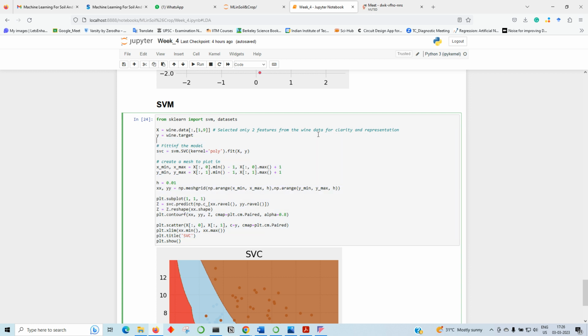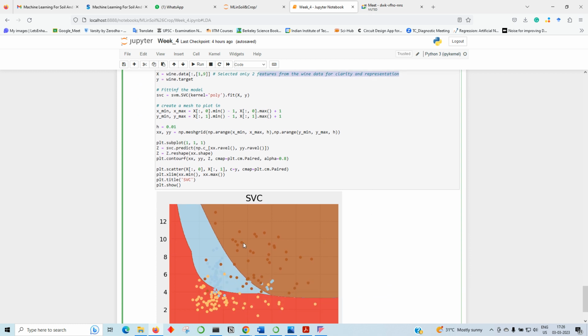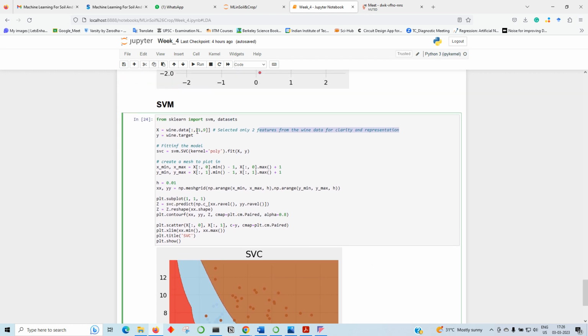But to have clarity and to represent it in a figure, I am only choosing two of the features, the second feature and the 10th feature. Because in Python the index starts from 0, when I say index 1, I'm actually choosing the second feature.